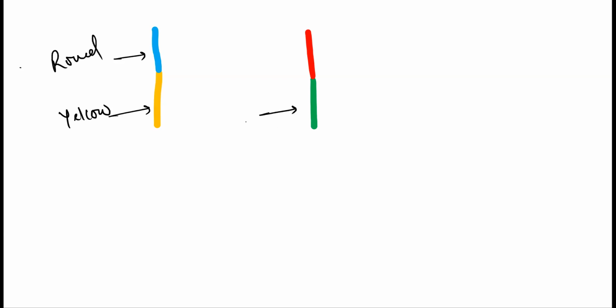This gene is controlling the green color, and this gene is controlling the wrinkled shape. So if they are separate genes, then you can rearrange themselves.